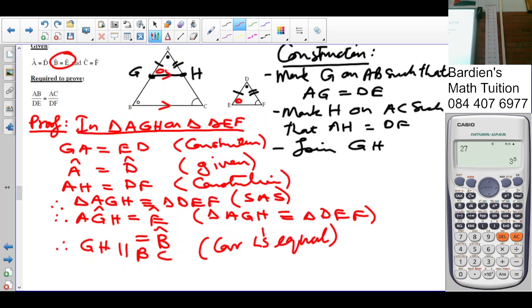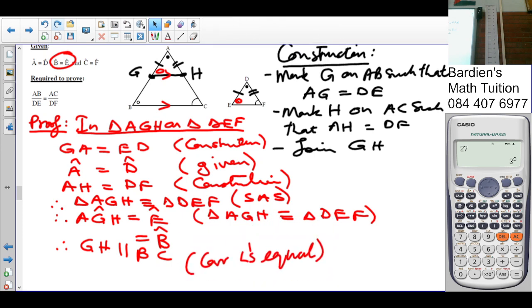Can you see the F being formed here? For those of you who don't know what corresponding is, look for the F.